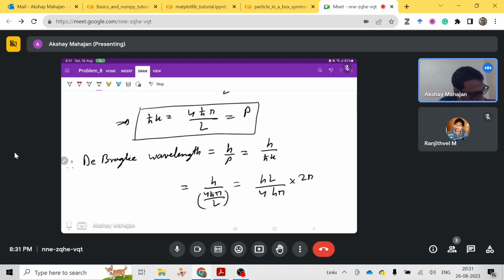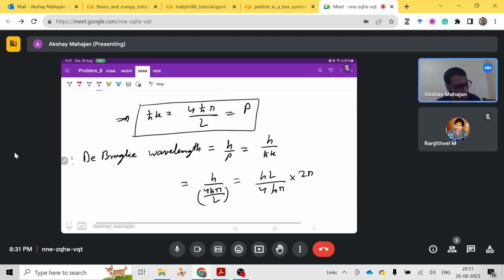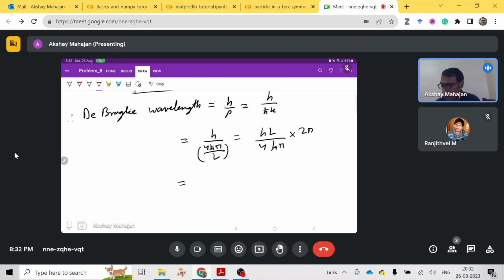So I will have 4 h pi times 2 pi, and L will go up, and then we can just do the cancelling. What we will get is L by 2. So our lambda, the de Broglie wavelength, is coming as L by 2.